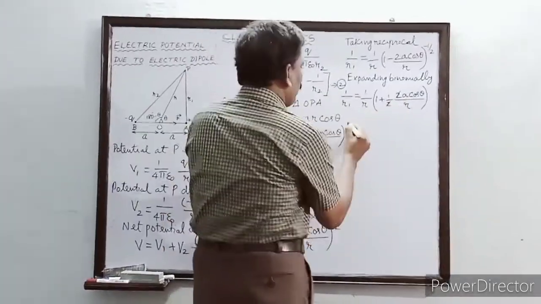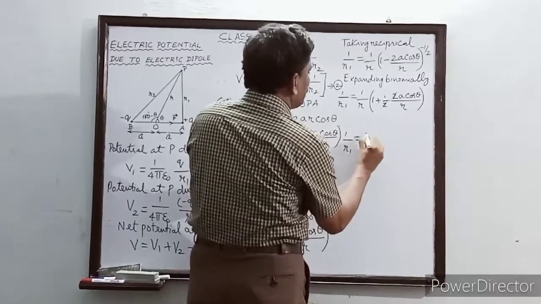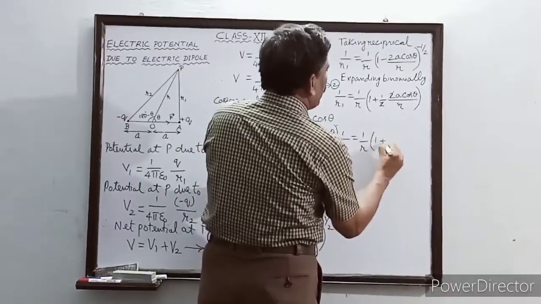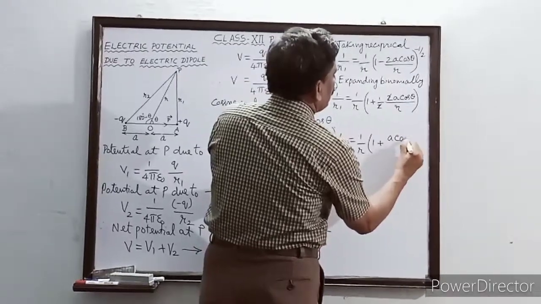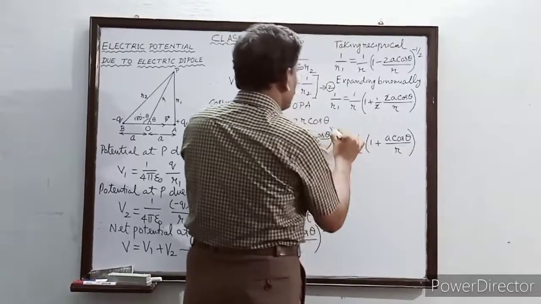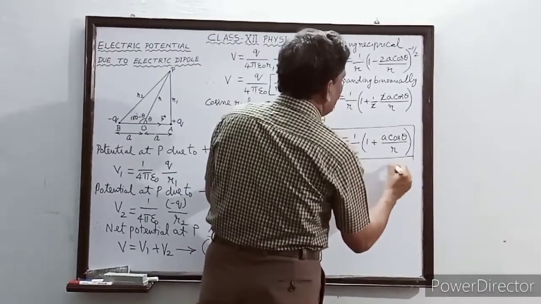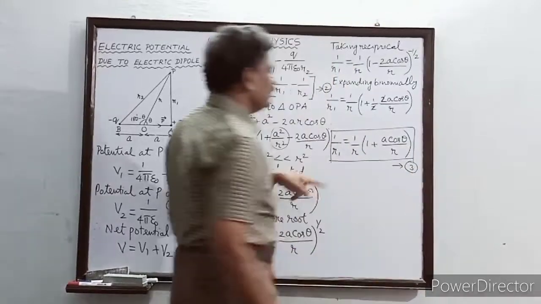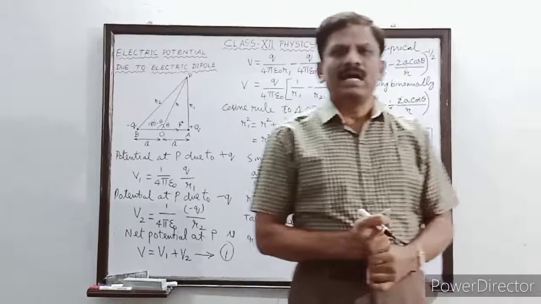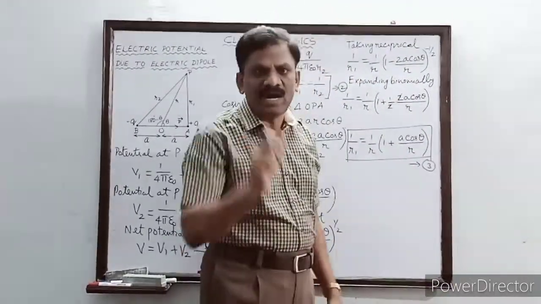Therefore, now I can write 1 by r1 is equal to 1 by r into 1 plus a cos theta whole divided by r. Like this it will come, and this can be taken as equation 3. So up to this, have you all understood? Are we able to express r1 in terms of r?